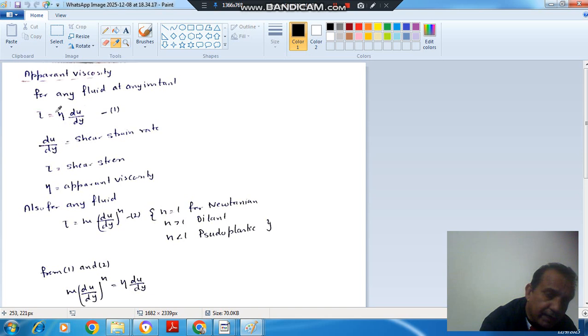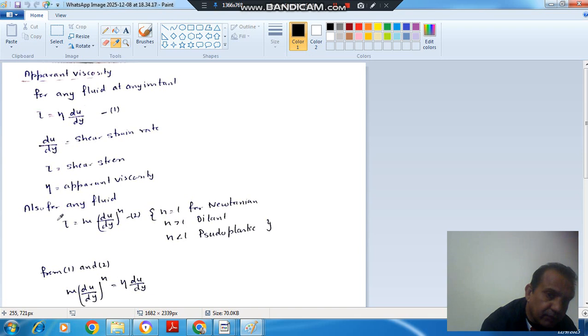So at any instant we can relate the shear strain rate and shear stress by the apparent viscosity. So shear stress is equal to apparent viscosity into du/dy, where du/dy is the shear strain rate, tau is shear stress, and this is your apparent viscosity. This value will be different at different strain rates. So this is at a particular strain rate, and that is called apparent viscosity.